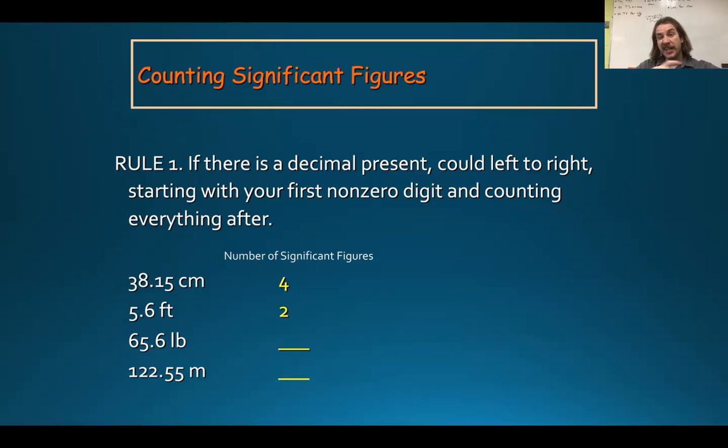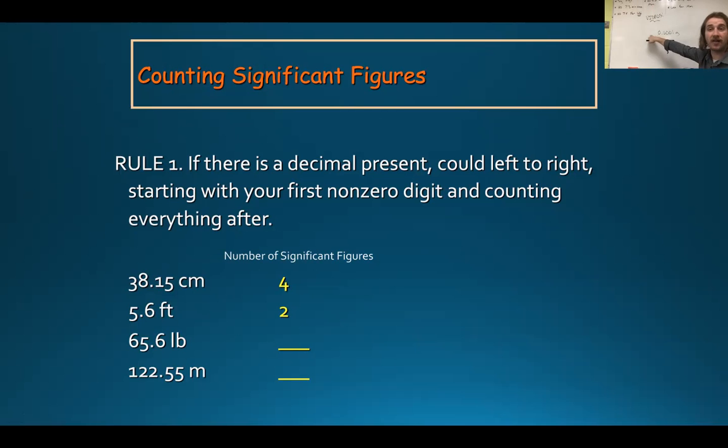Where this becomes tricky is if there are zeros involved. If there was a zero out in front, you wouldn't count it. Let me throw some examples on the board. If you had 0.0001 gram, these zeros out in front are what we call placeholder zeros.